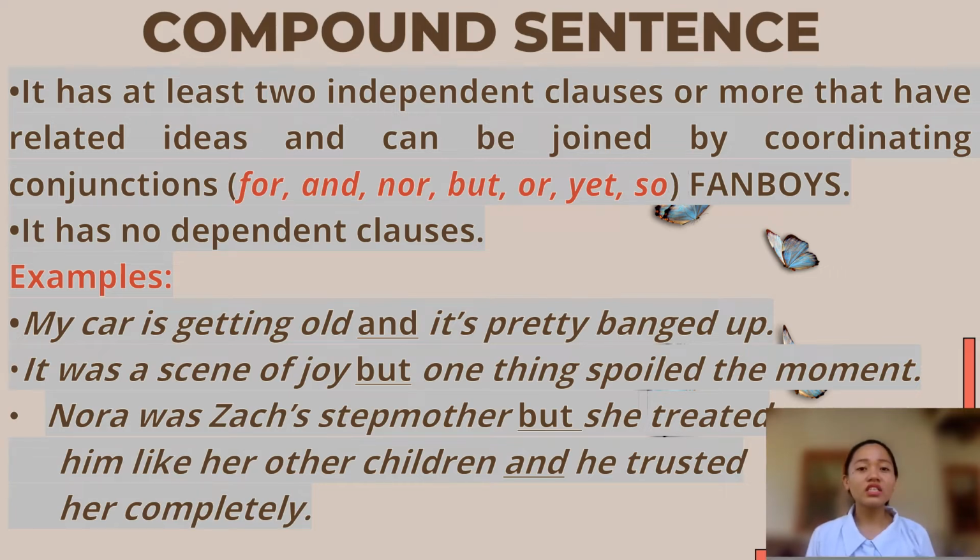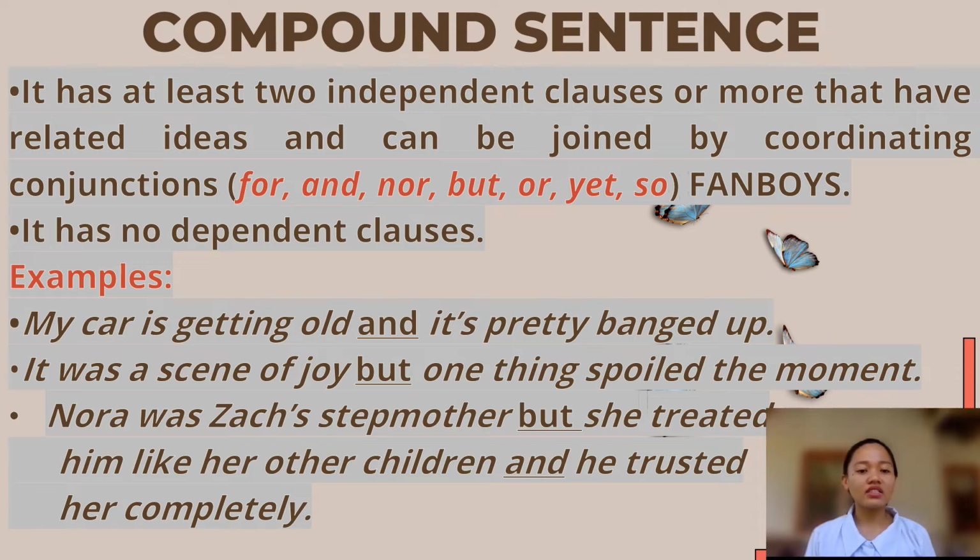My car is getting old and it's pretty banged up. As we can see there, we have two independent clauses. We have the first clause, my car is getting old, and the second clause, it's pretty banged up, and it is joined by the coordinating conjunction, which is and.